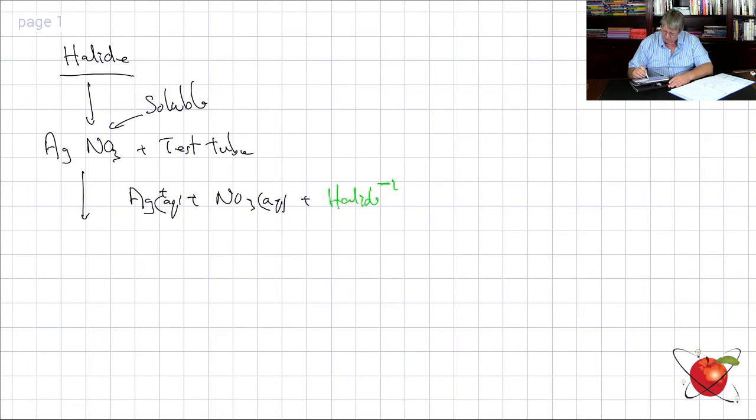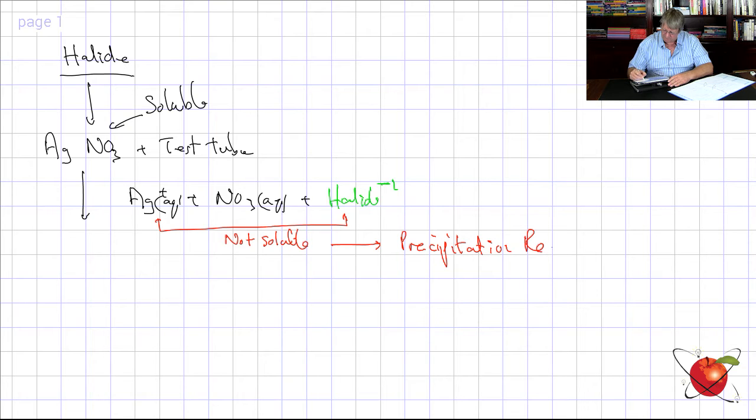Now, do you recall what we said is that if we had silver plus any halide, it's not soluble, is it? So what do we have? Well, straightforward, it's going to give us a precipitation reaction, correct? It comes out as a powder in solution because it's not soluble.